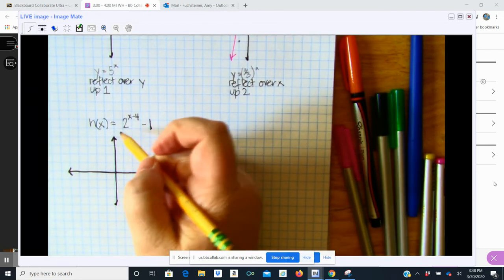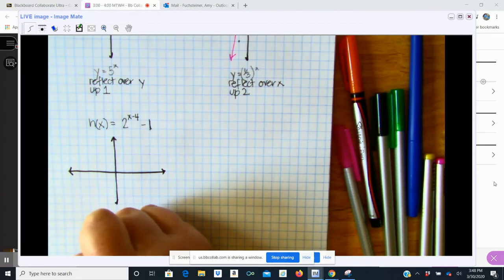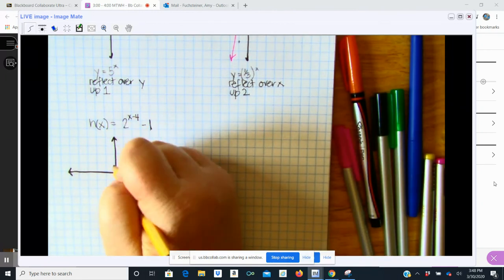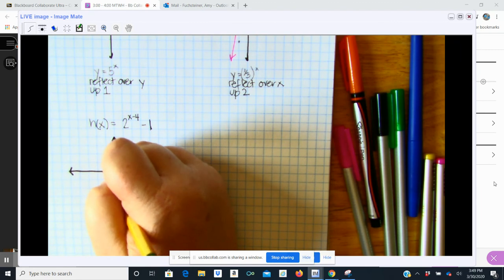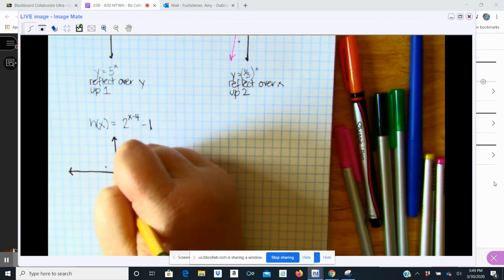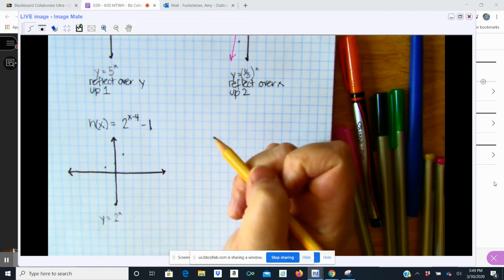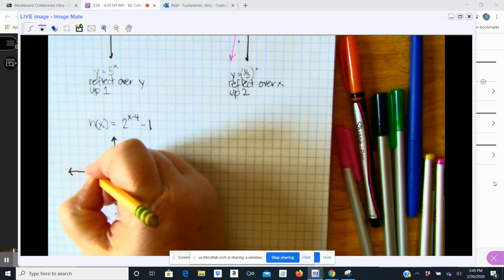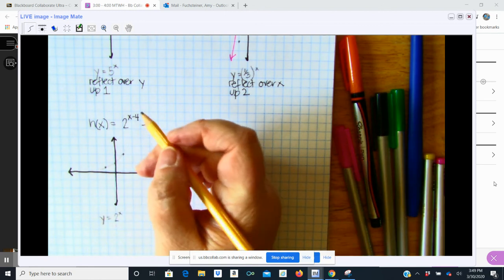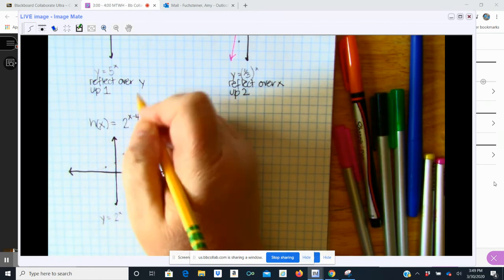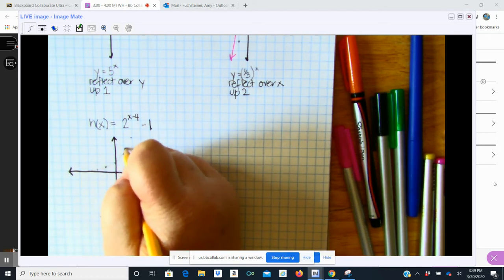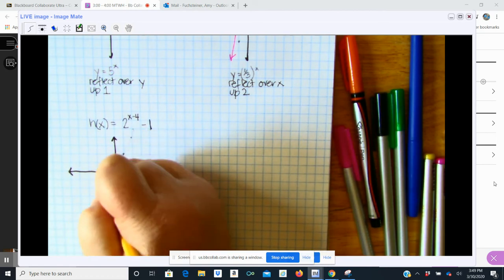I'm going to start by just doing a base function, which would be y equals 2 to the x. That's going to be (-1, 1/2), (0, 1), (1, 2). Okay, so it's going to look something like this as a base function.